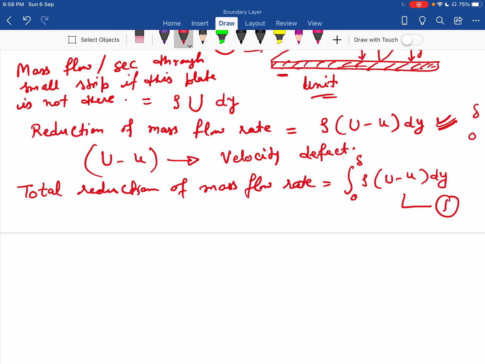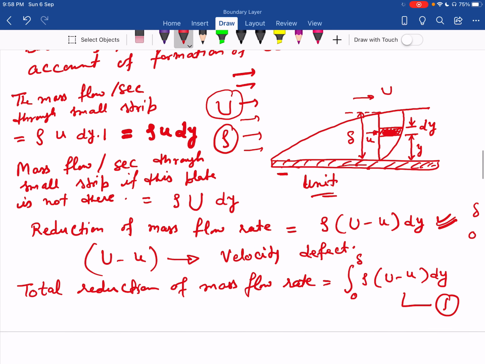Okay, so let us have a situation now. We have this plate, and liquid is flowing above this plate. Now what I do, I displace this plate in the upward direction by a distance delta star.